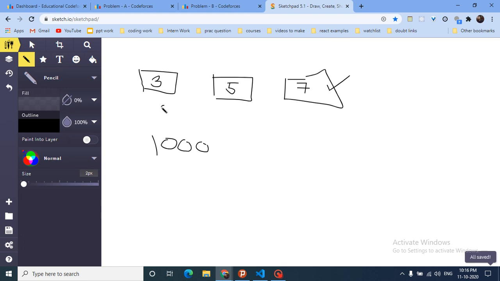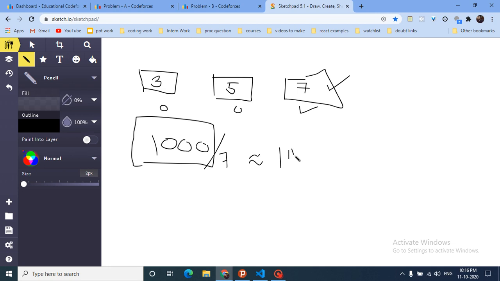It means there are no 3-window apartments and 5-window apartments, all are 7-window apartments. So what is the maximum range it can go? 1,000 divided by 7 is roughly 140.